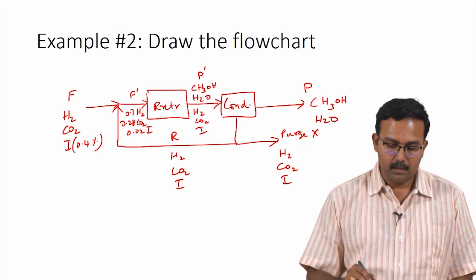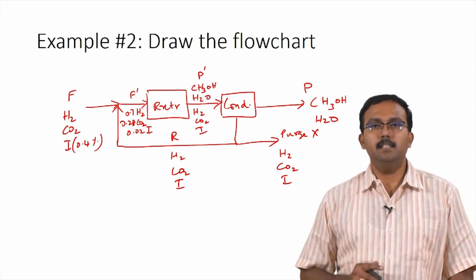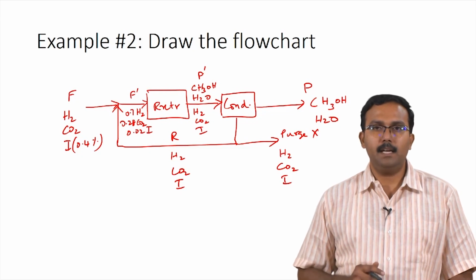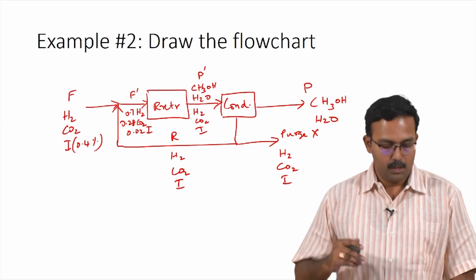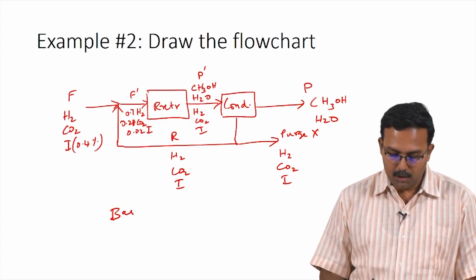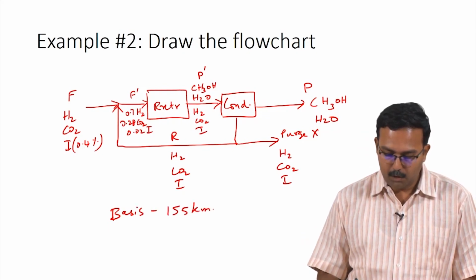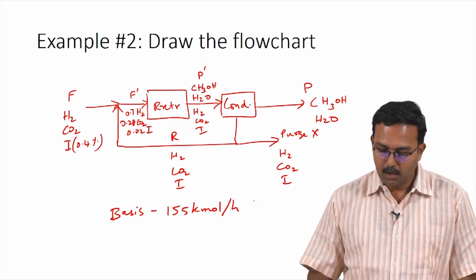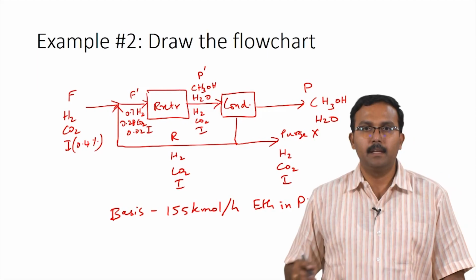So, this gives us the flow chart. In addition, the problem also states that 155 kilomoles per hour of methanol needs to be produced. So, we will use that as the basis. The basis for this problem would be 155 kilomoles per hour of methanol in the product stream P.